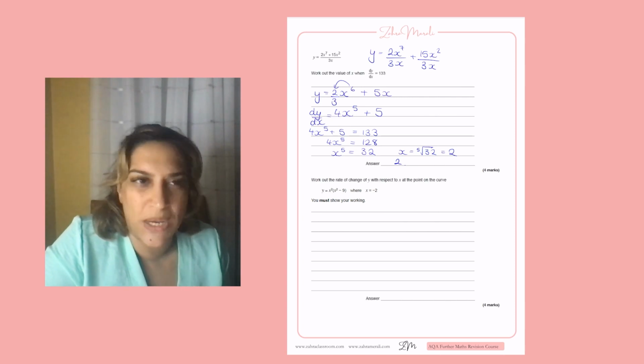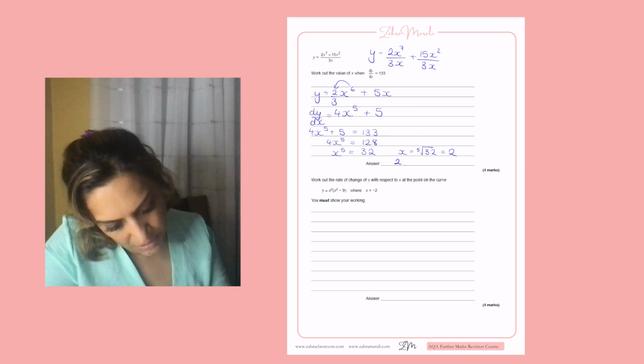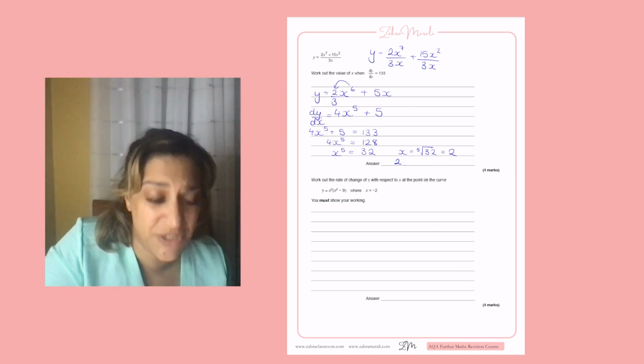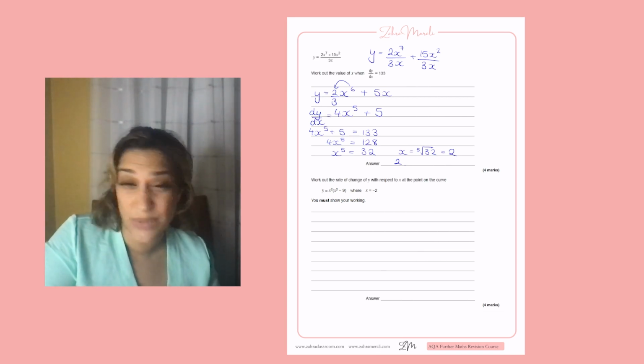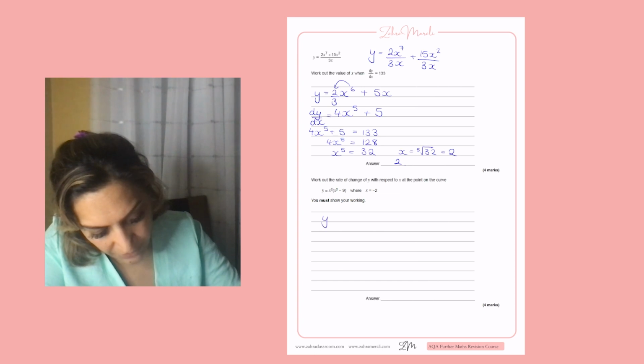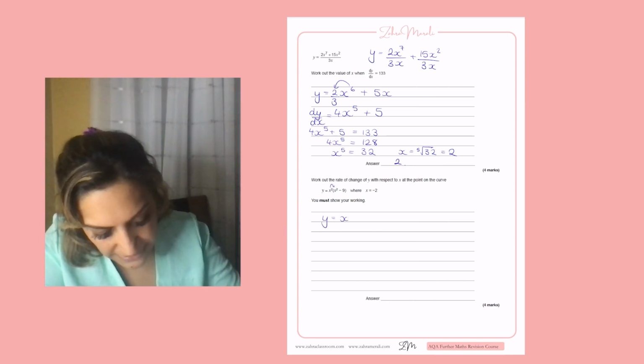Next bit says, work out the rate of change of y with respect to x at a certain point. Now remember, rate of change is just a fancy way to say differentiate. So step 1, we're going to open out those brackets. x squared times x squared is going to give us x to the power of 4 minus 9x squared.